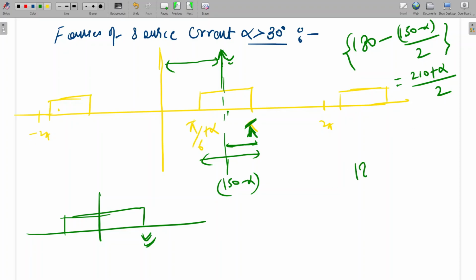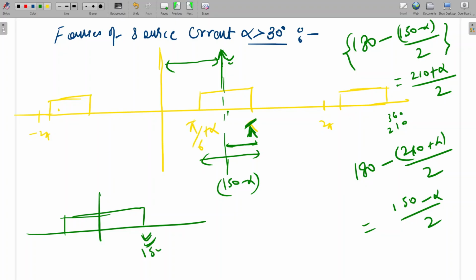How much will it be? It will be 360 minus 210. How much? 150. 150 minus alpha by 2. So this point will be 150 minus alpha by 2. Is it clear?